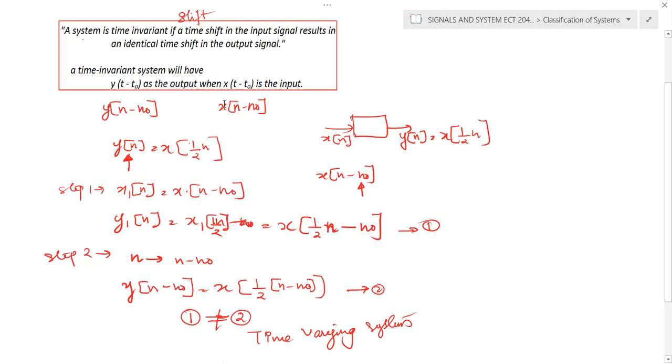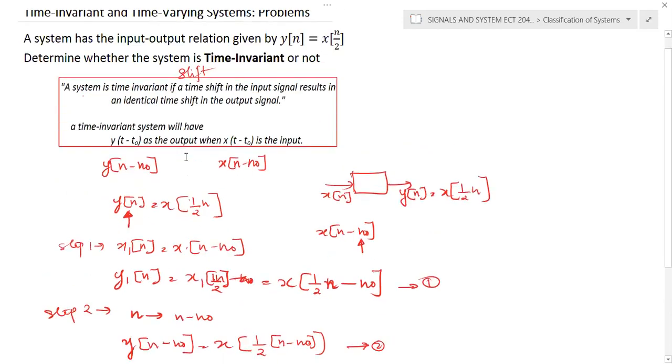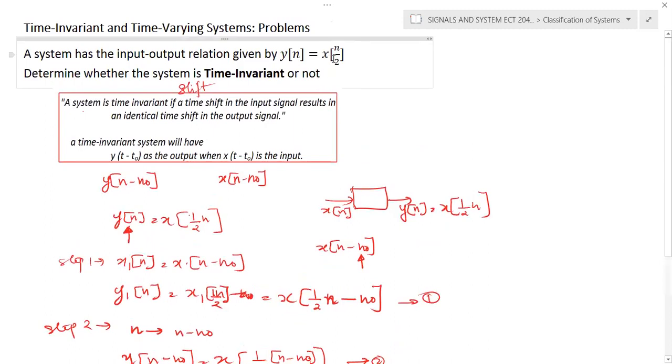The time invariant property is very important, and you should give it some importance when the input signal or system representation contains a signal part with some transformation in the independent variable.